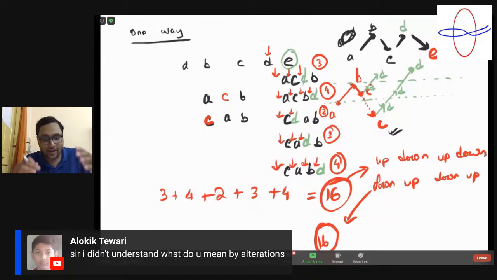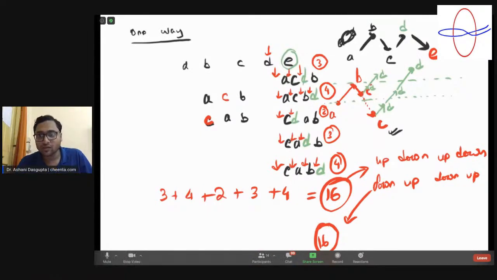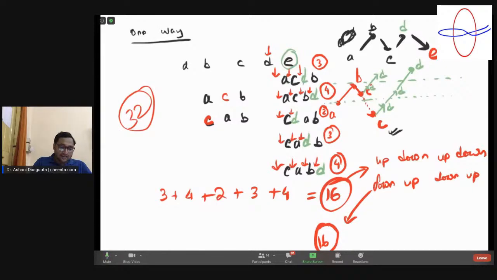So when I say alternations, I mean up down or down up. I'm using both of them actually. So there are a total of 32 cases. Brute force is not the best method, of course, but this is a method of doing it.